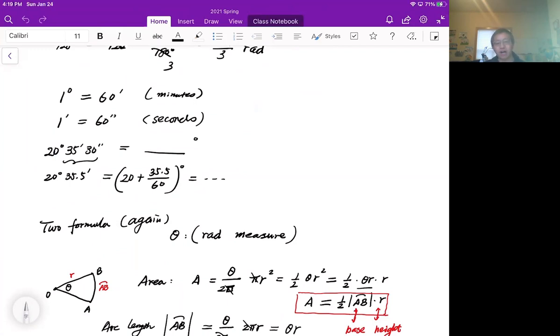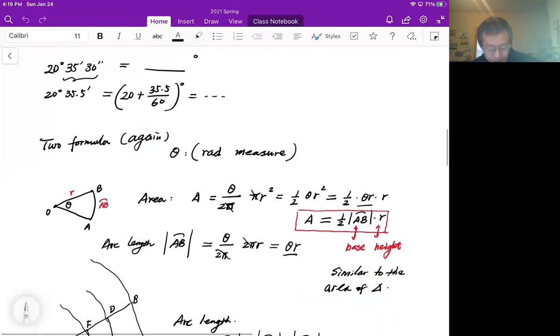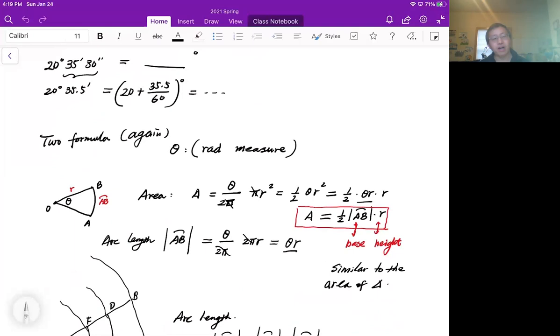It's not talking about time, it's just a degree measure. And then we can change from the degree, minute and second system to just the degree and vice versa.